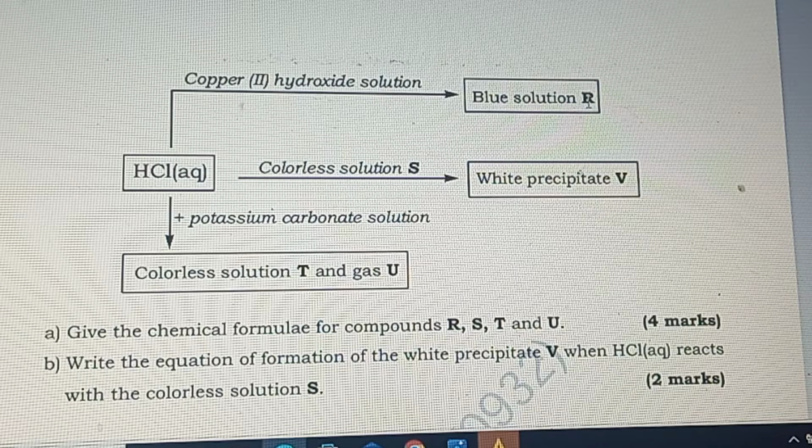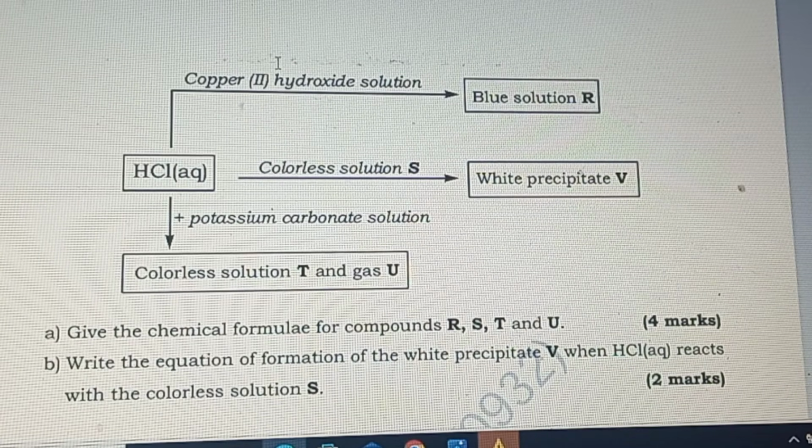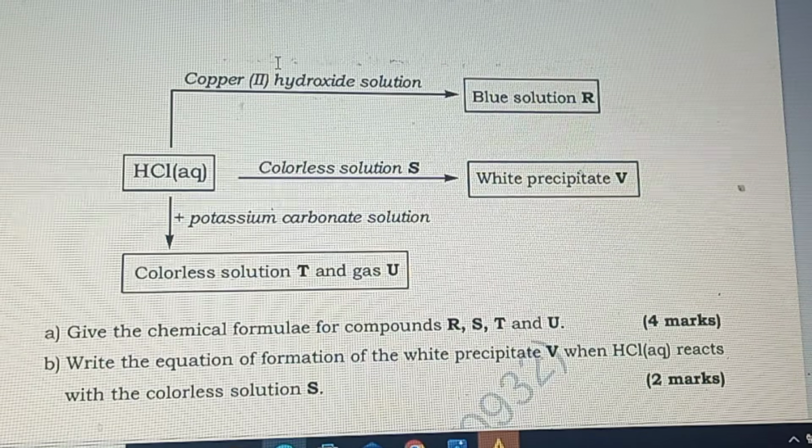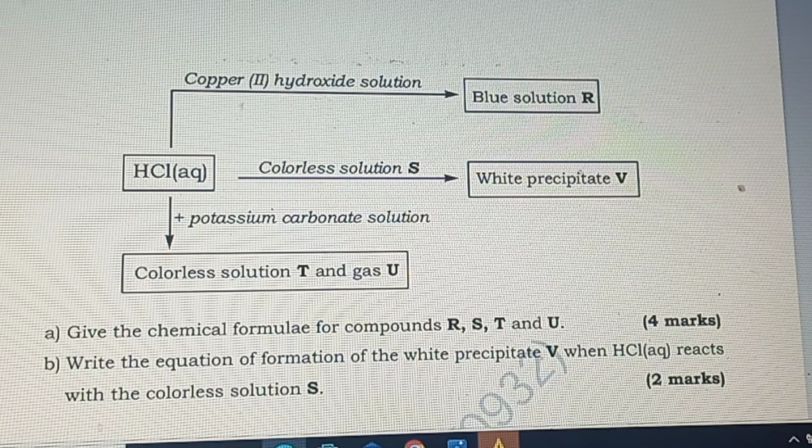R comes from hydrogen chloride with copper hydroxide. That is the reaction between hydrogen chloride and copper hydroxide. You get copper chloride and water. Means that the blue solution has the chemical formula copper chloride. S, this colorless solution, is silver nitrate.